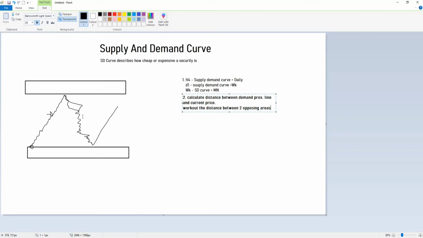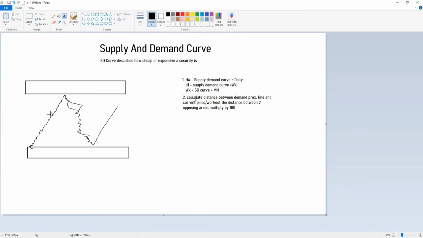After working out the distance between the two areas, what you need to do is put that figure above this. So let's say it's 200 pips over 400 pips. You're going to take that number and multiply it by 100 to get a percentage. And that's going to be your supply and demand curve.